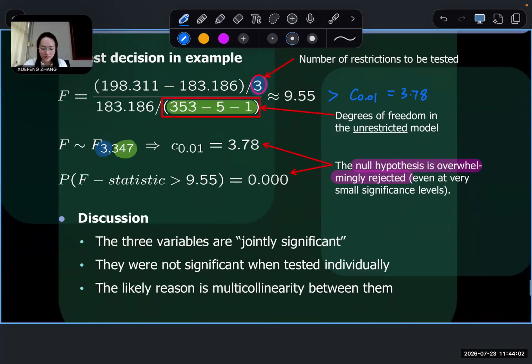Okay, so let's see the discussion. Now, connect this back to what we saw 2 slides ago. This is the key insight. Remember our 3 variables.